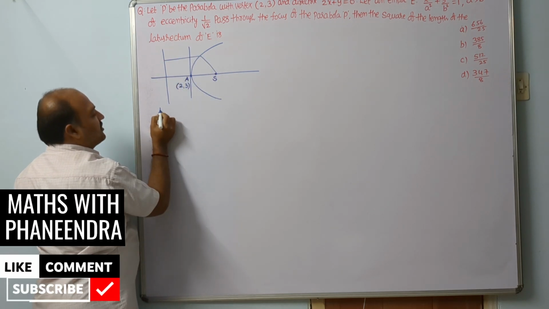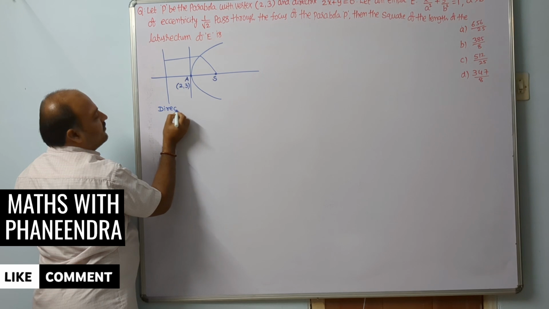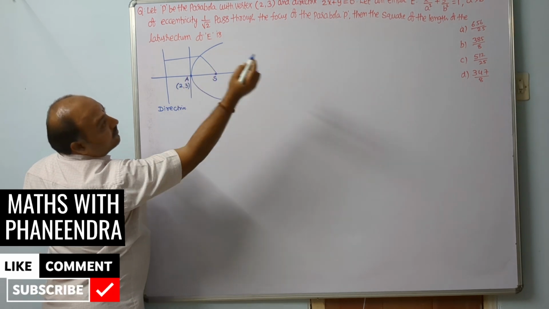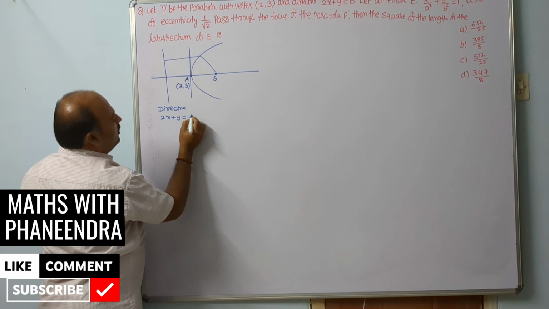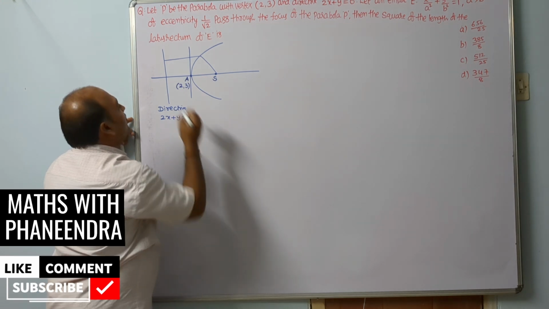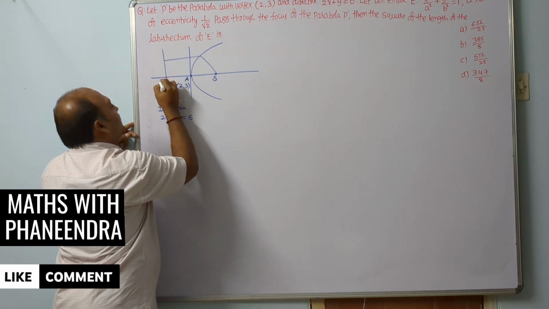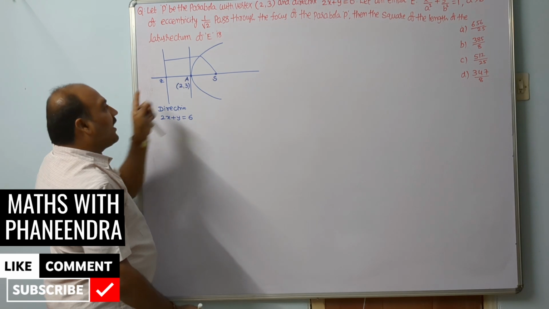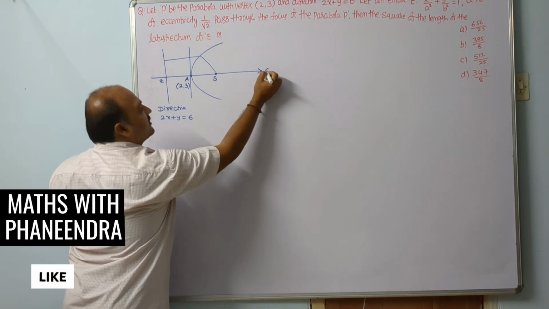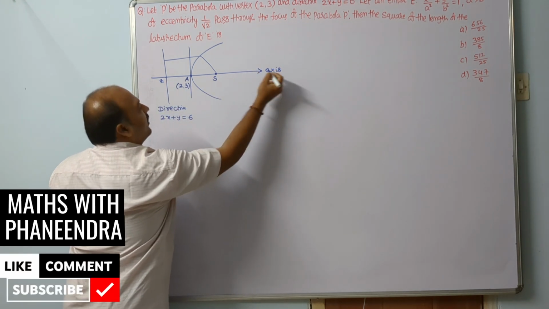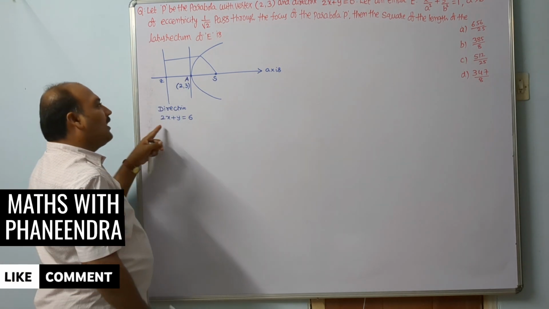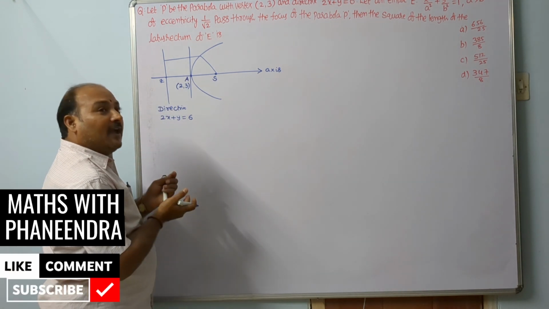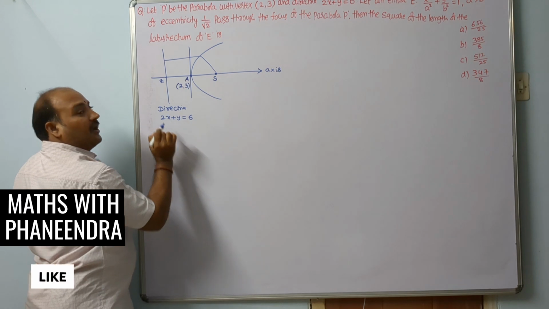This is the directrix. What is the equation of directrix given? 2x plus y is equal to 6. This point is known as Z, the point of intersection of axis of the parabola and directrix. We can calculate Z value by taking the help of directrix.